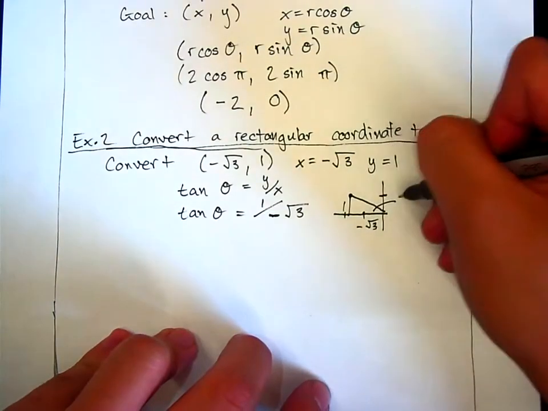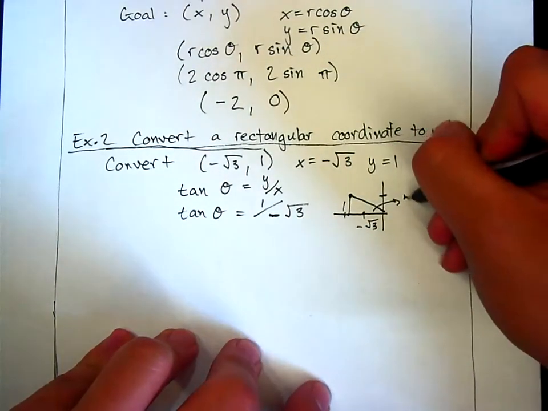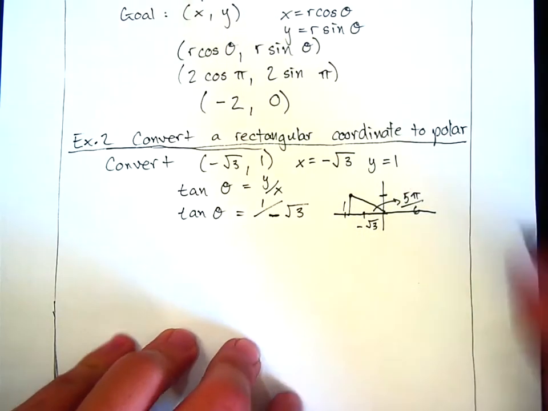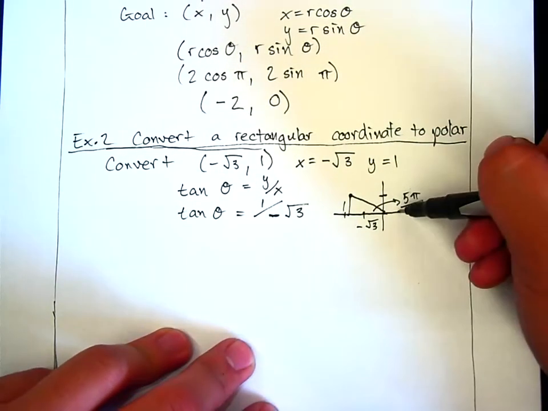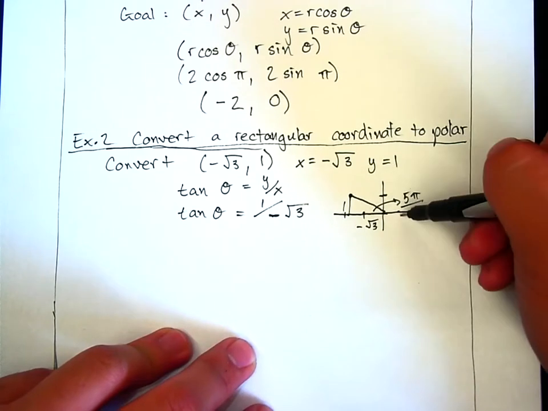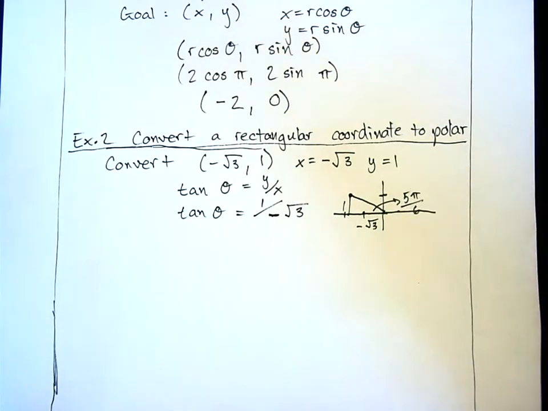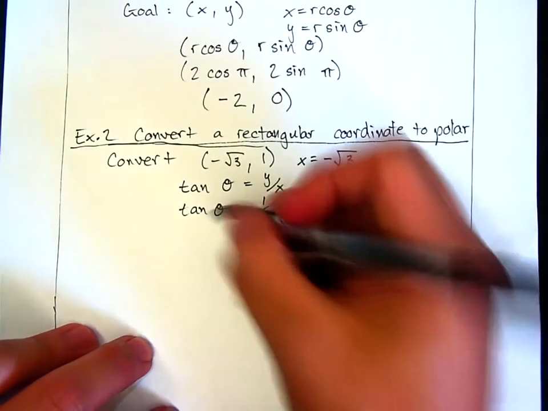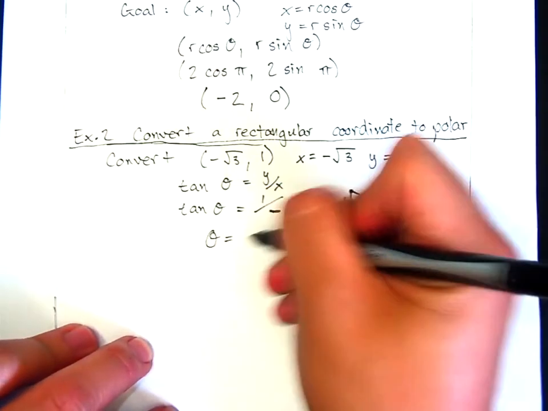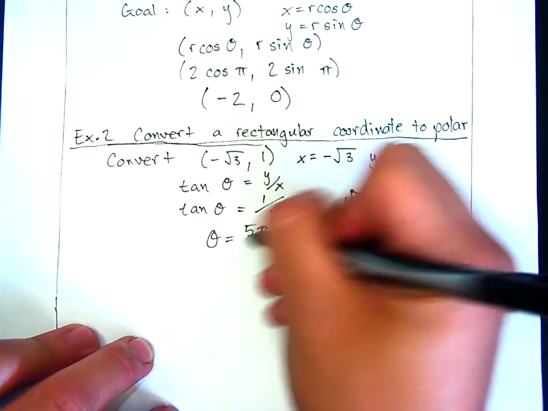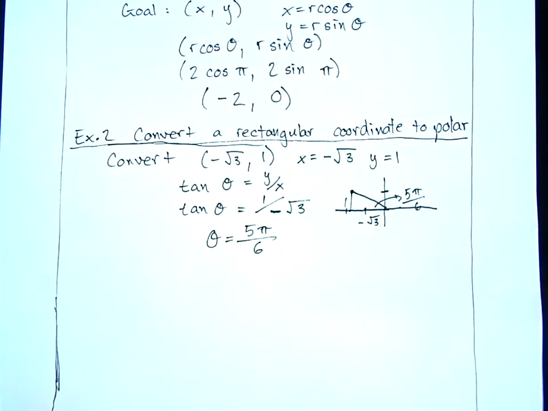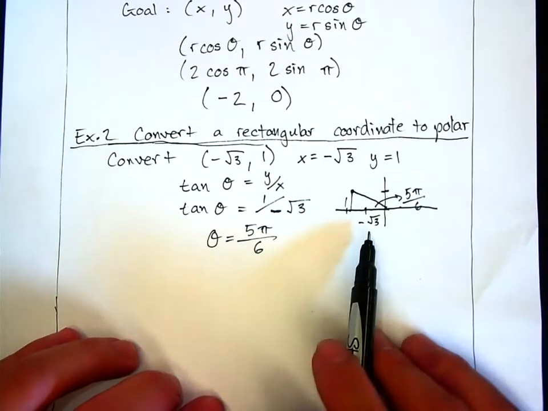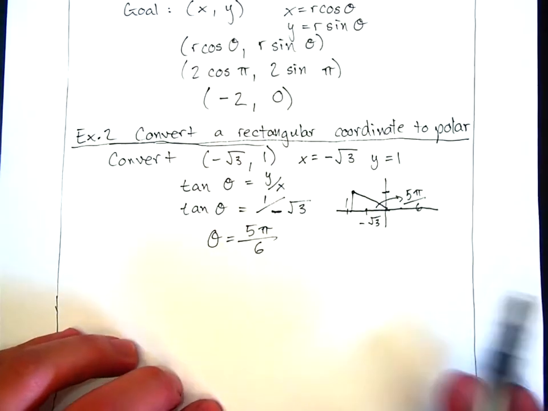The angle measurement that would be in here would be 5 pi over 6, because remember, we are talking about the unit circle, and this would be our starting point, where we would have to go all the way over to the other side. So this whole angle is 5 pi over 6, which means my theta is 5 pi over 6. Again, if you were able to figure that out using your unit circle, feel free. If you need to refer back to triangles, do that as well.